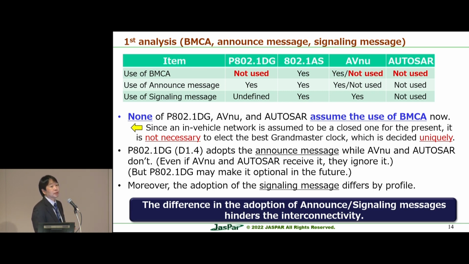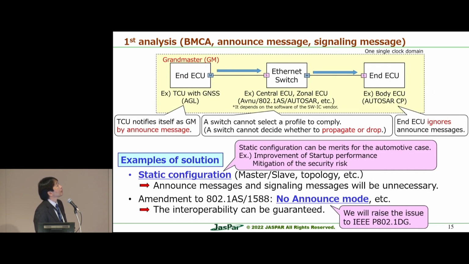So we'll show you the details with a specific example. This diagram is a use case that I described. The TCU is the grandmaster of time synchronization, and the TCU notifies itself as grandmaster by announce message. And the behavior of the Ethernet switch depends on the profile it complies with.